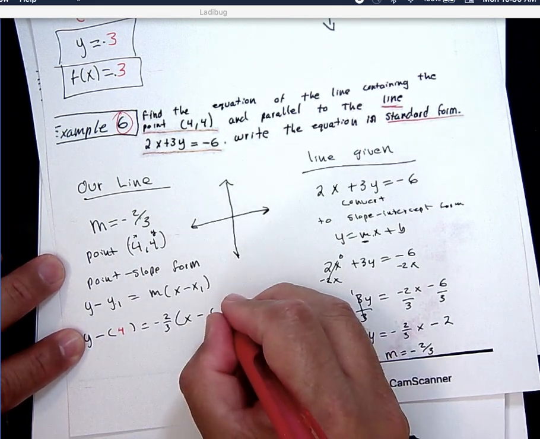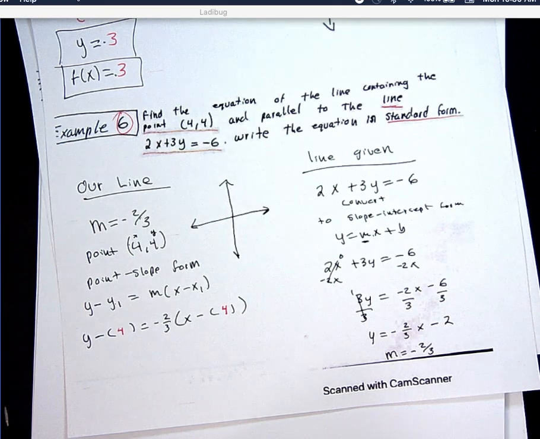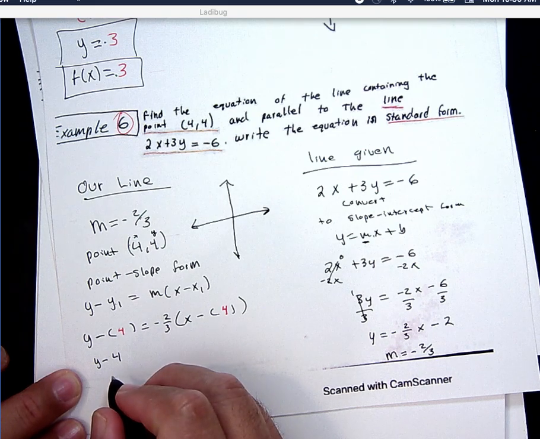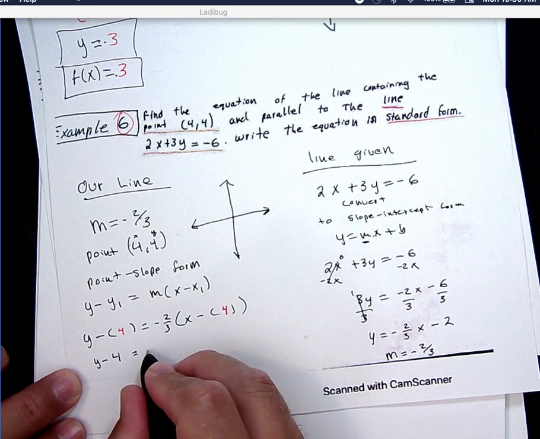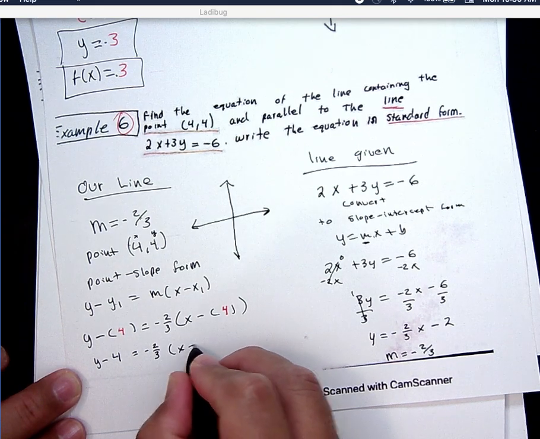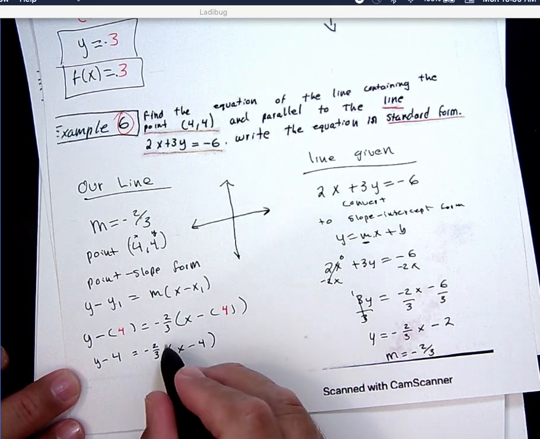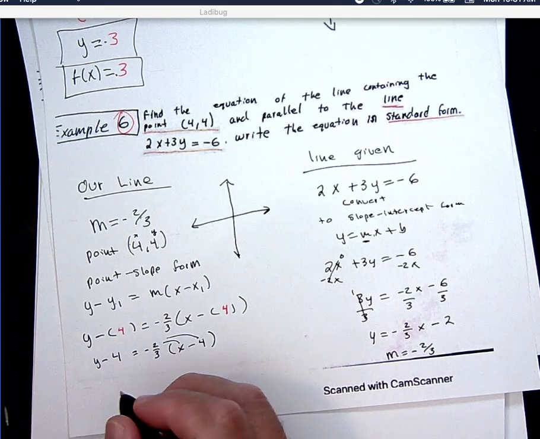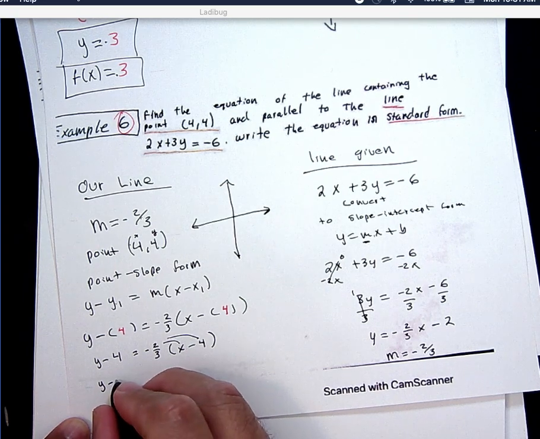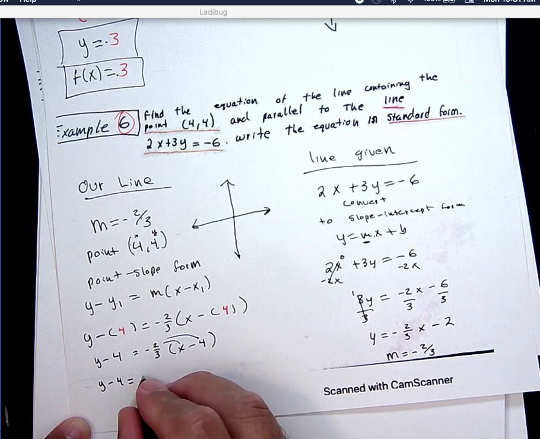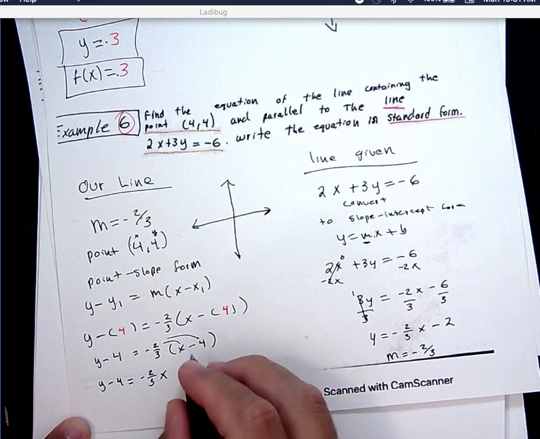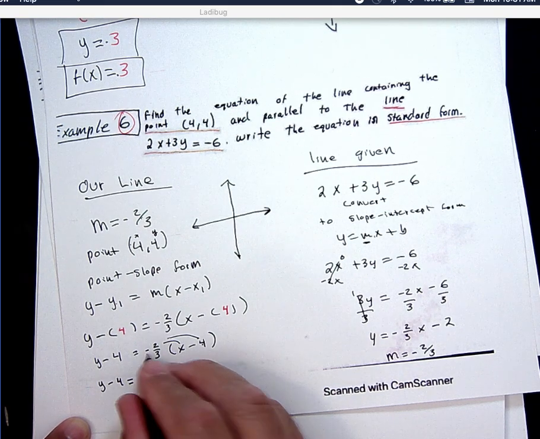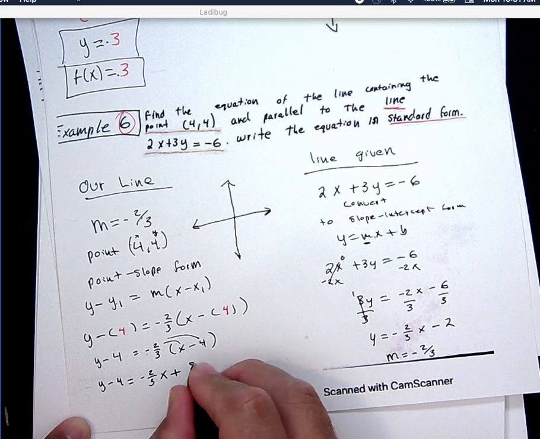So on this side it's going to be y minus 4, equals negative 2/3 times (x minus 4). And then you distribute. So we get y minus 4 equals negative 2/3 x, and then 2 times 4 is 8. Both negatives, so you're going to have positive 8/3.